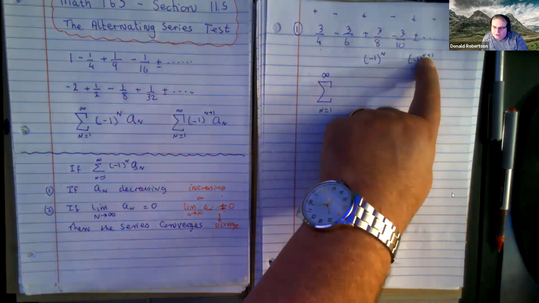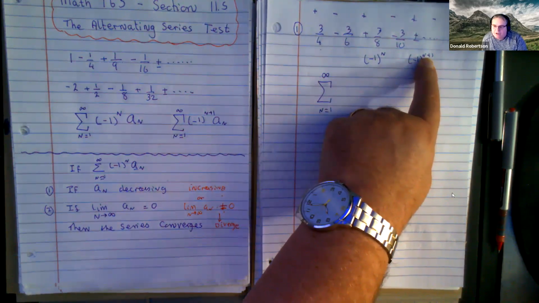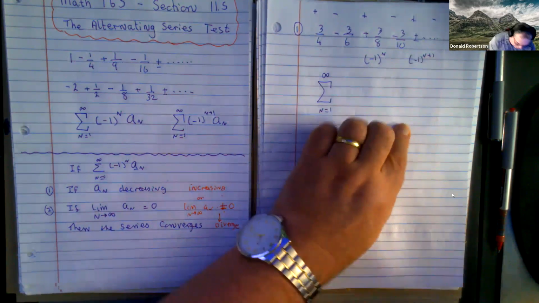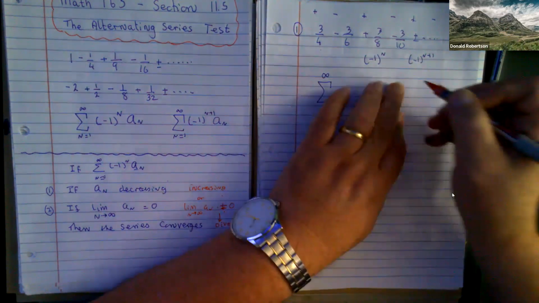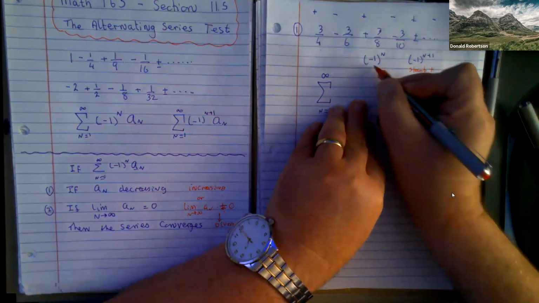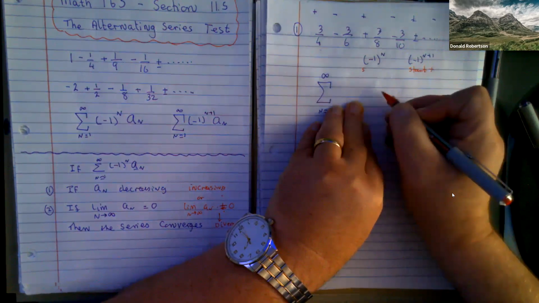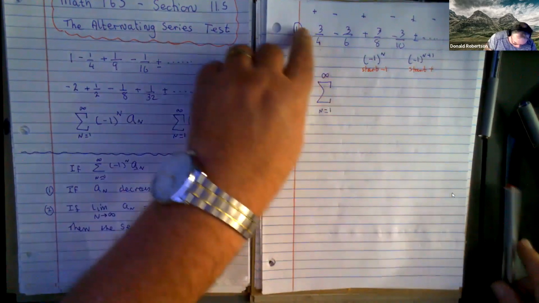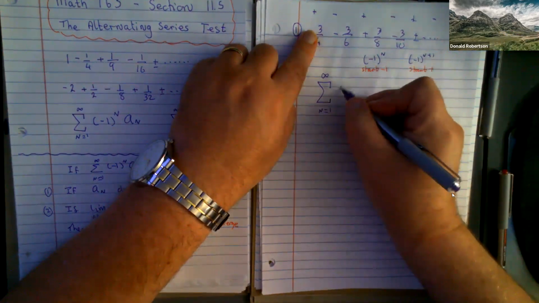If you plug 1 into this power here, n = 1, you get 1 + 1 is 2, and -1 squared. So use that fella if the series starts with a plus, and use this guy if the series starts with a -1. Well, we start with the plus, so that's why I'm using that.